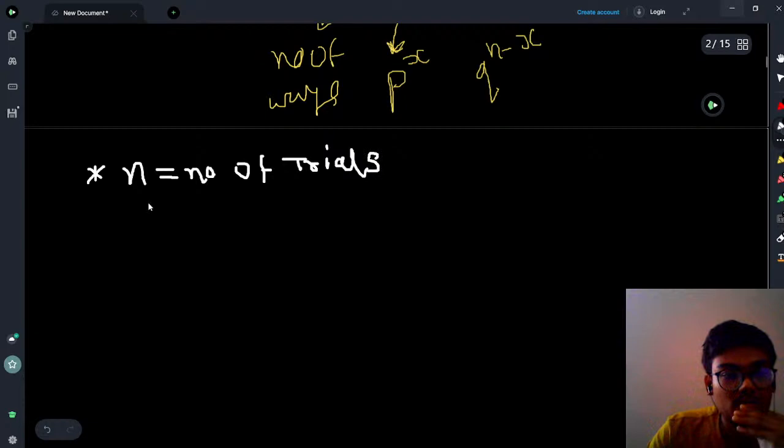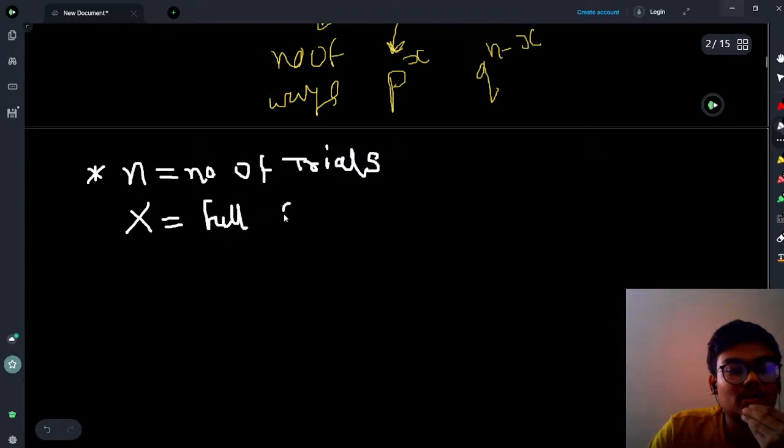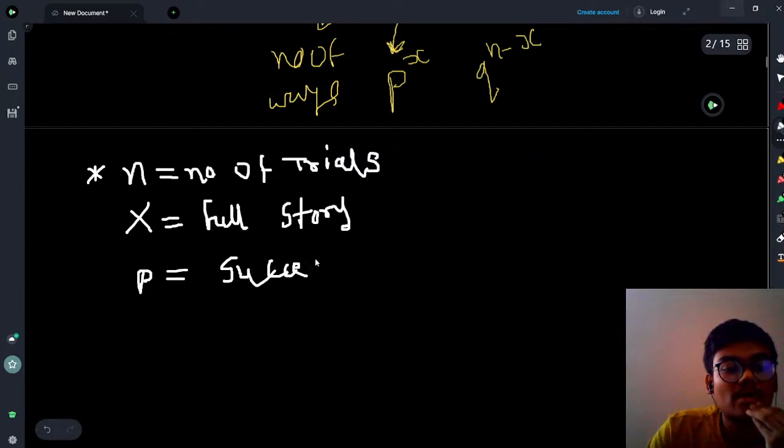Now x is our criteria, the full story which we want to find. P is the probability of success for one trial.